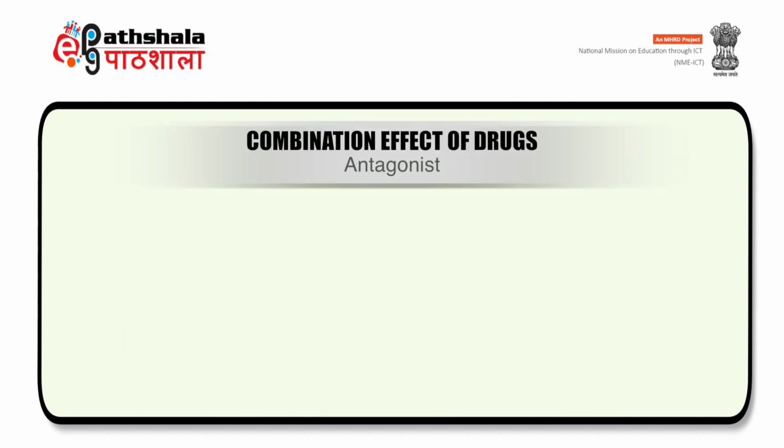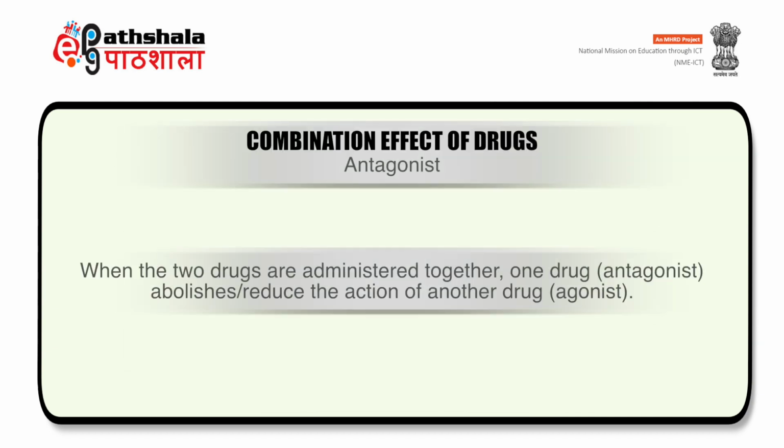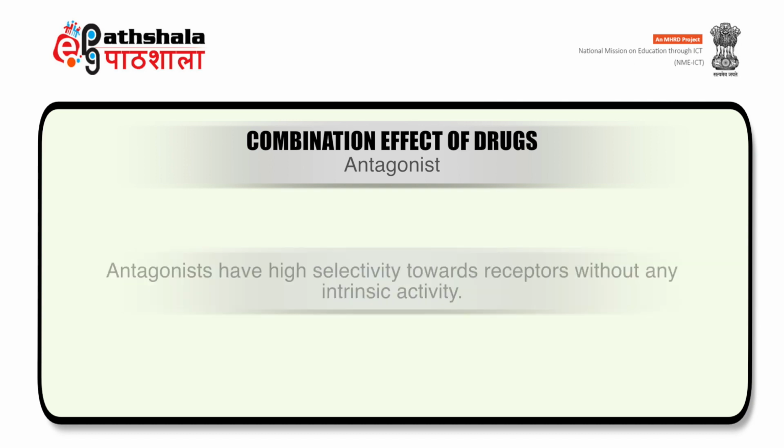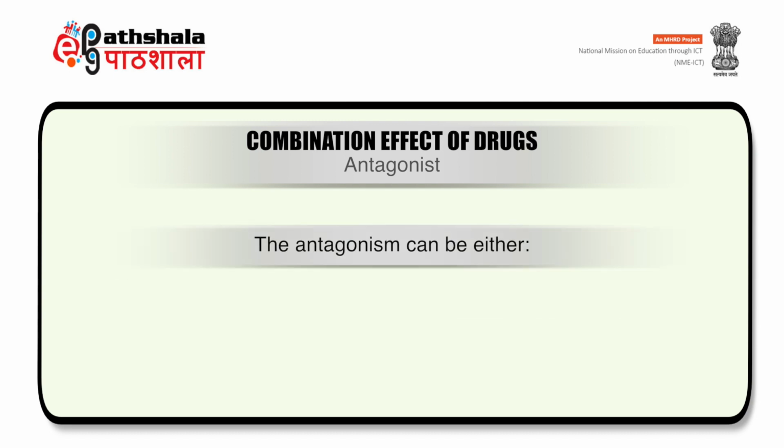What is an antagonist? When two drugs are administered together, one drug, that is the antagonist, abolishes or reduces the action of another drug. That other drug can also be called the agonist. Antagonists have high selectivity towards receptors without any intrinsic activity. The antagonism can be of two types.